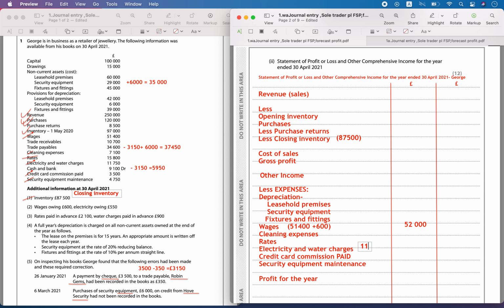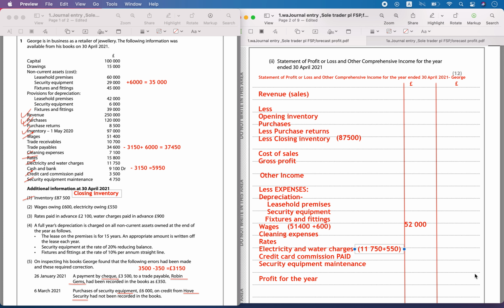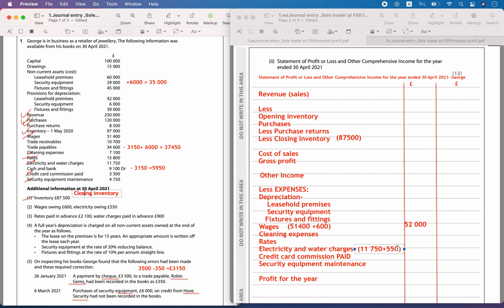That is equal to 11,750, plus what was still owing, 550. So let's add up these two values. And we can also see there is a water charge paid in advance which we have to subtract.